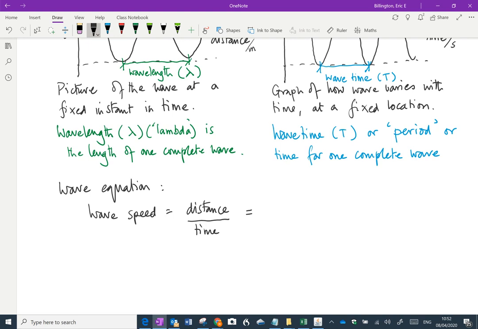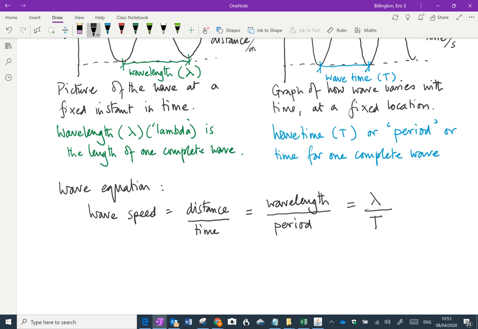But we can say, well, suppose we take the distance, the wavelength. How long did it take to travel one complete wave? Well, it took one period. So in symbols, we get lambda over capital T. Capital T, you might say, what about capital T?